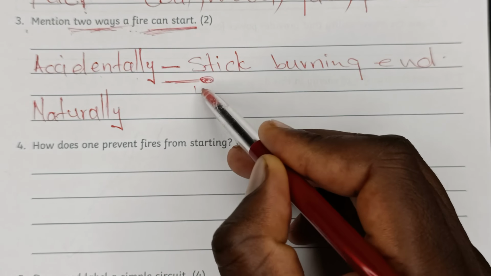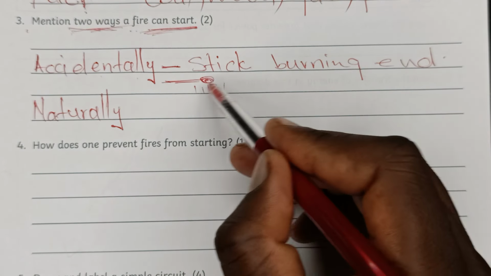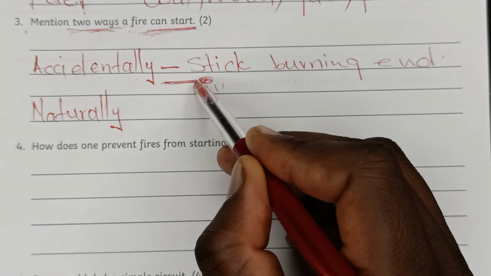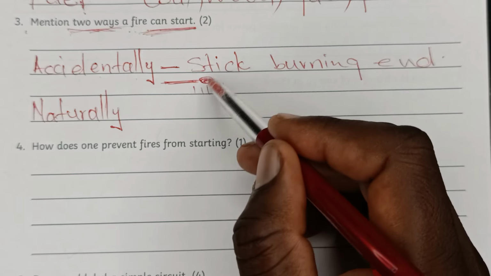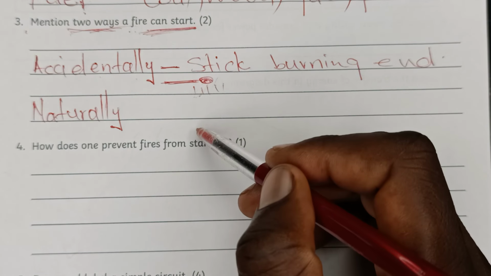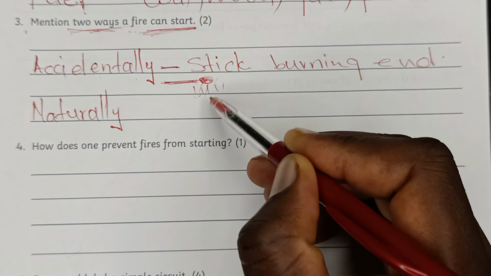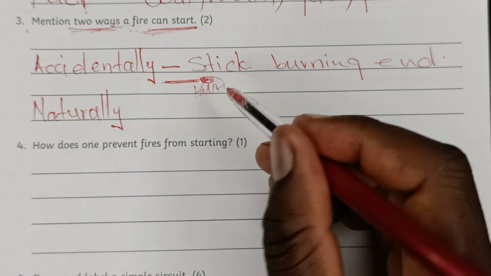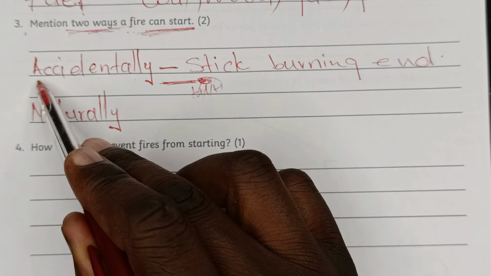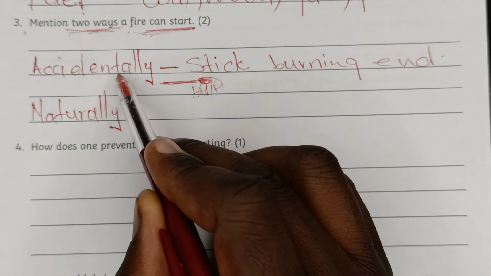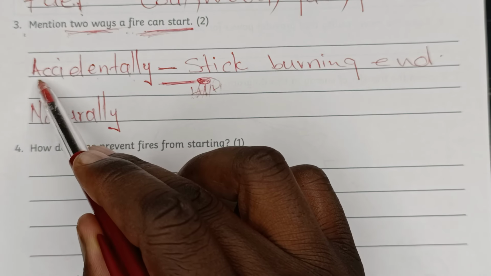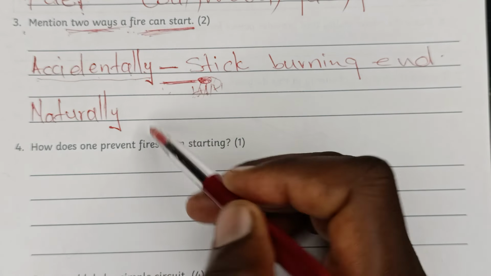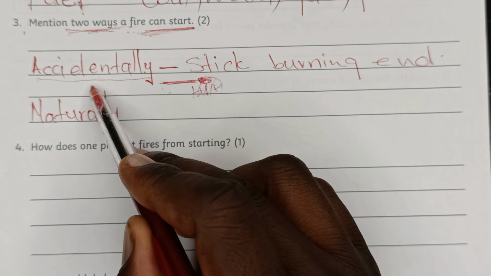Maybe it falls somewhere where there is grass, and the grass can be fuel as well. So you find that with oxygen and wind blowing on the stick, now it catches fire. Now we have got a fire starting. So this fire was not intentionally started, but was accidentally started. So the fire happened by accident.